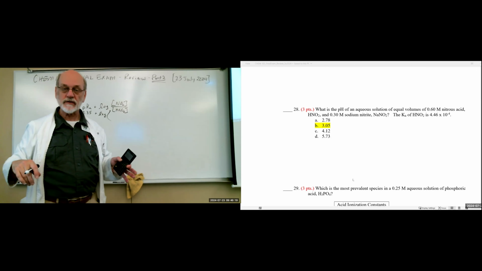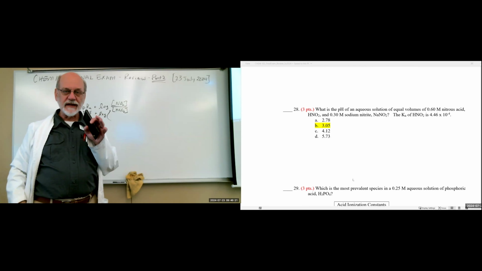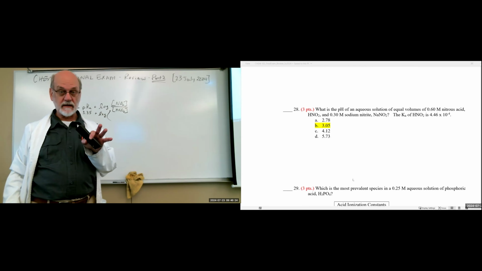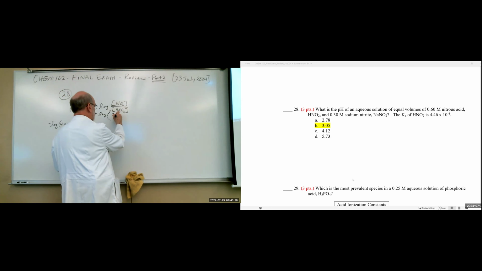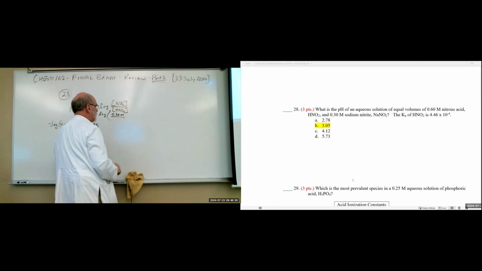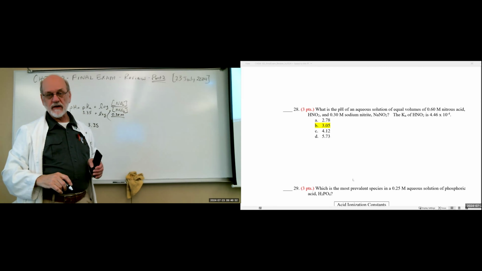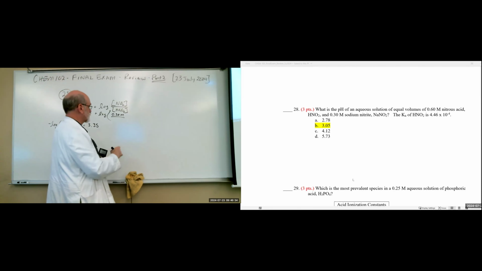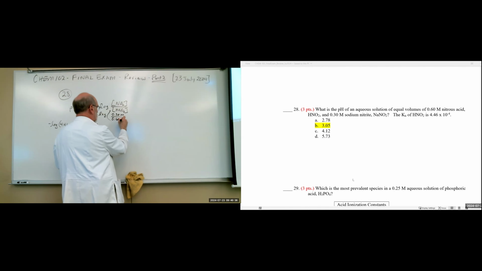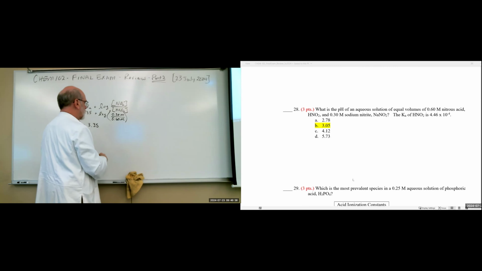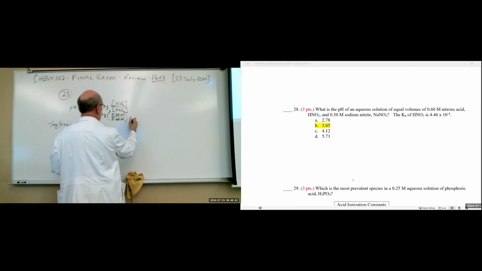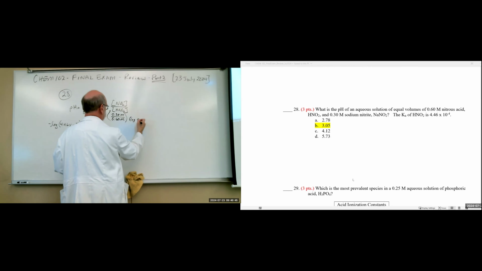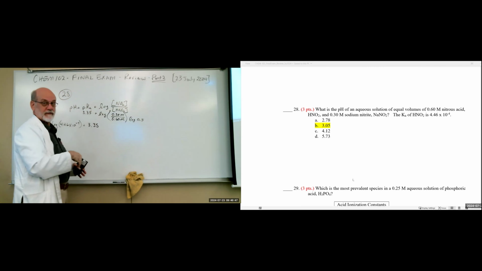And then the log of the NO2 concentration over HNO2. NO2 is delivered as sodium nitrite, 0.3 molar, and the nitrous acid is 0.6. That looks like a half, 3 divided by 6.